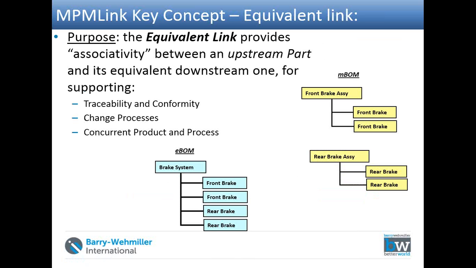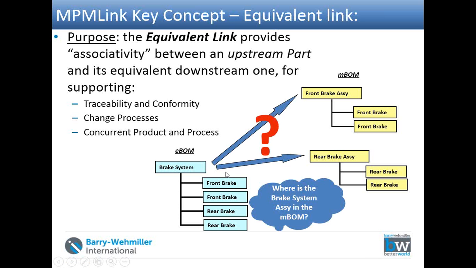And you'll see the purpose of having this equivalent link while creating E-BOM and M-BOM. Here this is the E-BOM, that is the brake system, and this is the M-BOM. The manufacturing engineer defines how this brake system has to be manufactured. If you see the M-BOM, you don't find any brake system assembly in it.